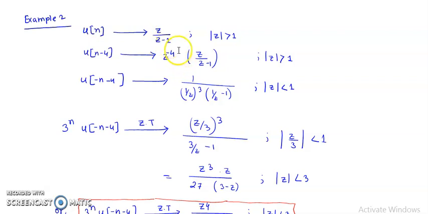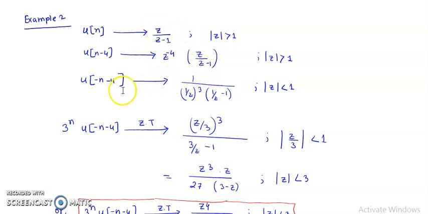So this is X(z), and z to the power minus n naught, where n naught is this constant, is 4. So z to the power minus 4 multiplied by X(z). So that is the Z transform of the previous signal.